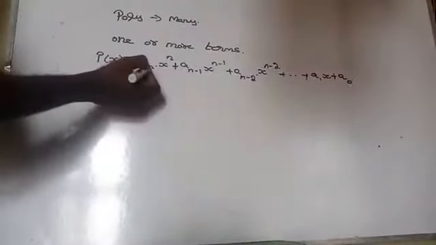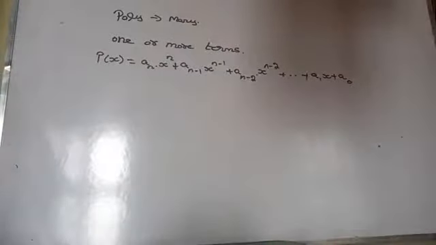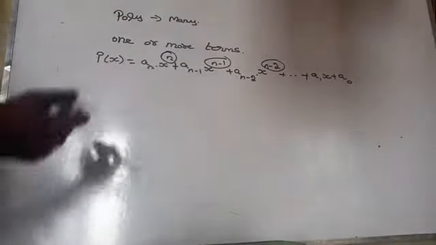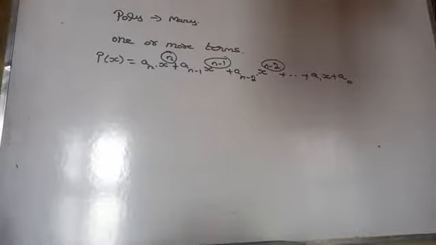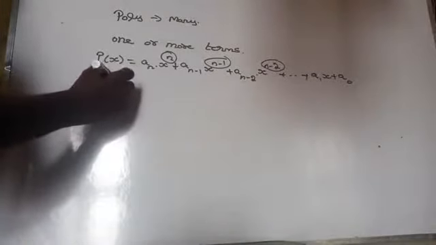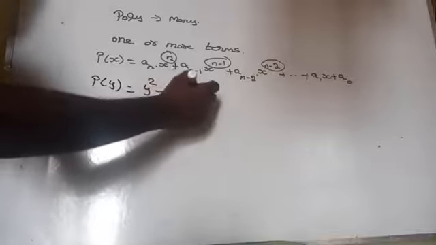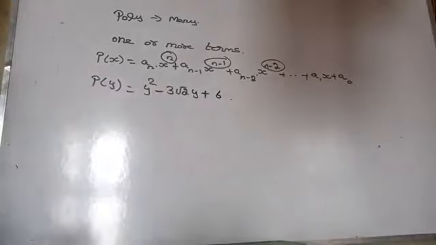These coefficients an minus 1, an minus 2, a1 are all non-zero coefficients. Then the power of the variable x should be a whole number. The variable need not be x; it can be anything. You can write the polynomial as p of y equal to y square minus 3 root 2y plus 6. So it is an example for a polynomial.